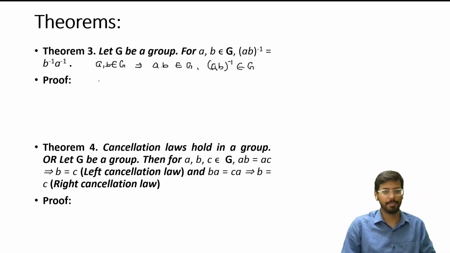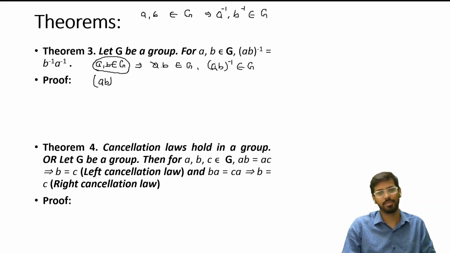Okay, so now take AB and, from this, we can say if A and B belong to some group G, that means A inverse and B inverse will also belong to same set G. ठीक है, अगर A और B किसी सेट में हैं तो A का इनवर्स और B का इनवर्स भी उसी सेट में होगा बाय इनवर्स प्रॉपर्टी। और we can say B inverse A inverse will also belong to same group G by closure property.